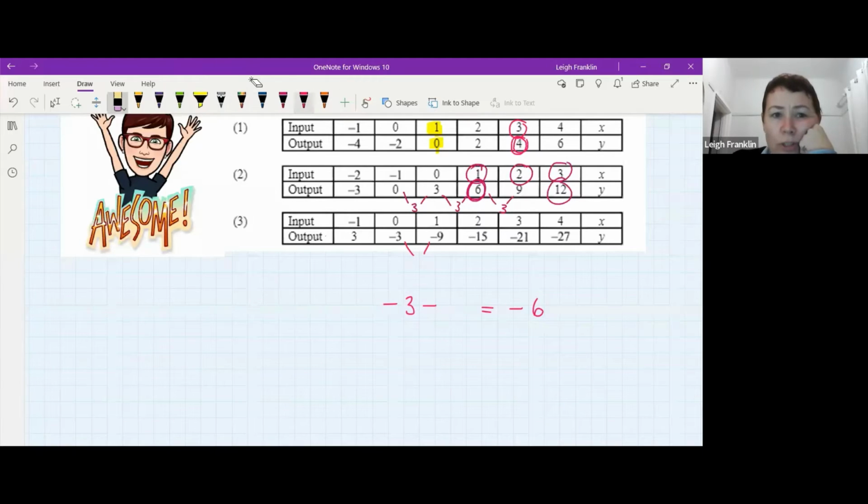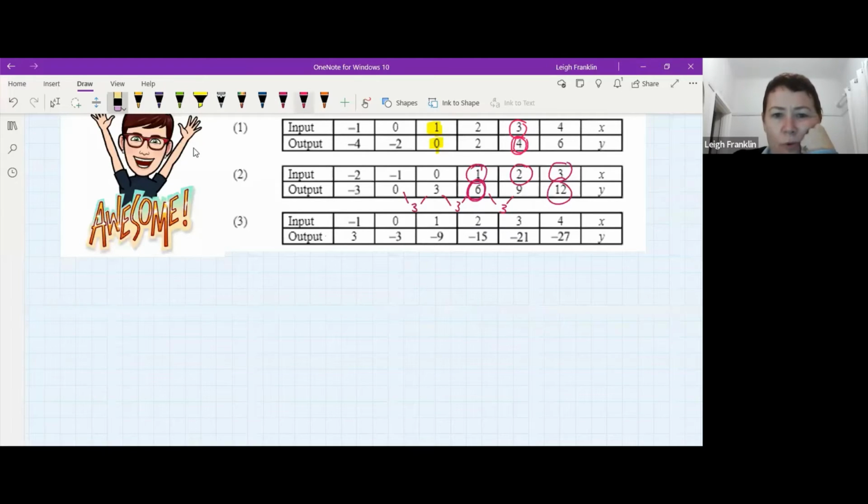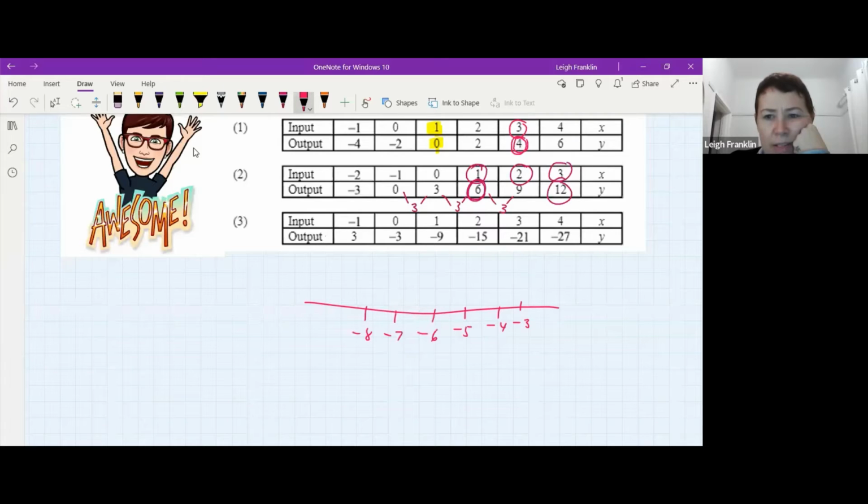Right, so you know what you can do, Nathaniel? You can use a number line to help you here. All right, so if I draw a quick number line, and over here I've got -3, then -4, -5, -6, -7, -8. Yes, Nathaniel, you think you figured it out?